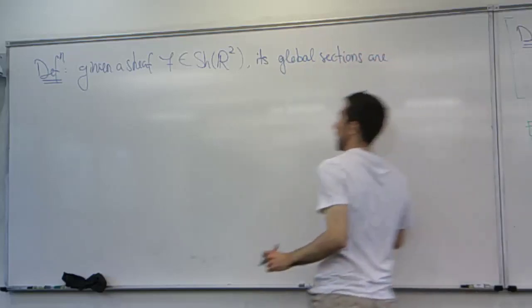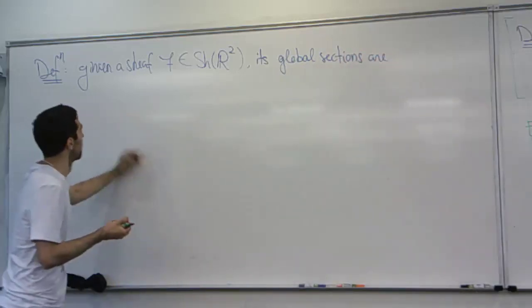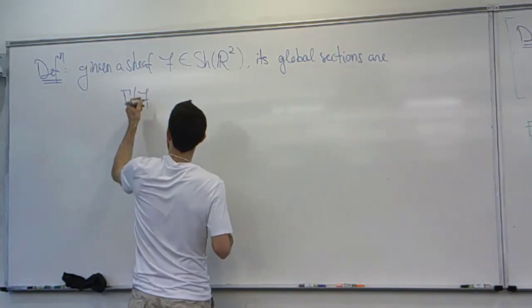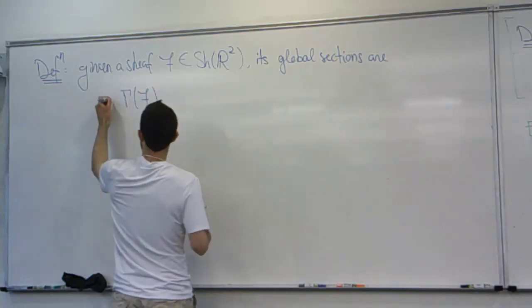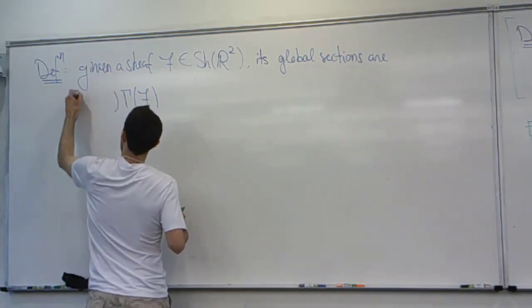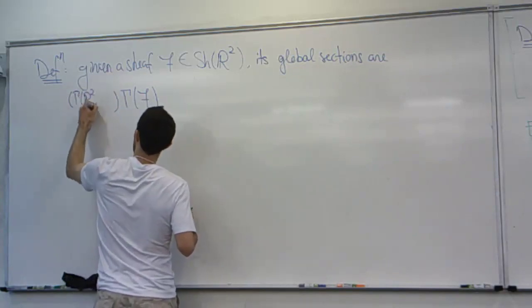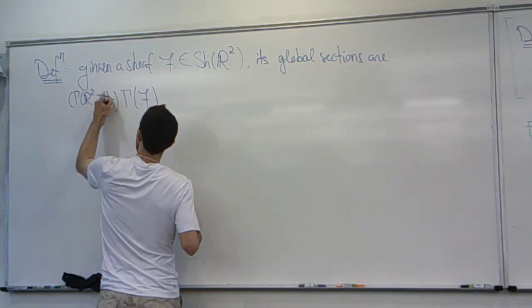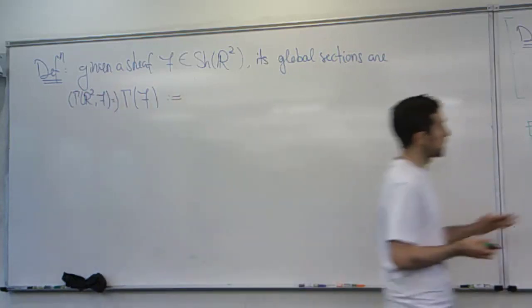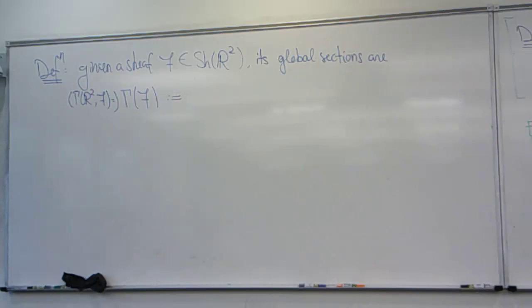I'm still going to denote it gamma of F. Sometimes it's also denoted by indicating the space, so you would say gamma of R2, F, is defined to be this complex, but now understood as a complex.